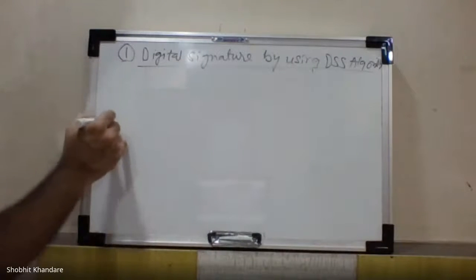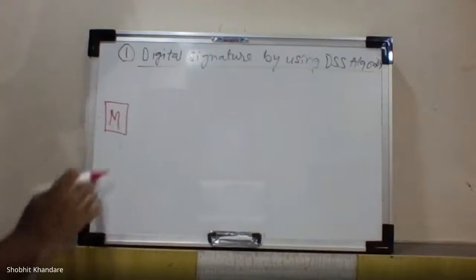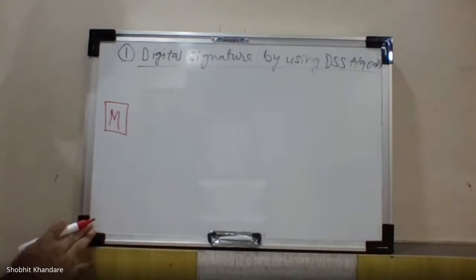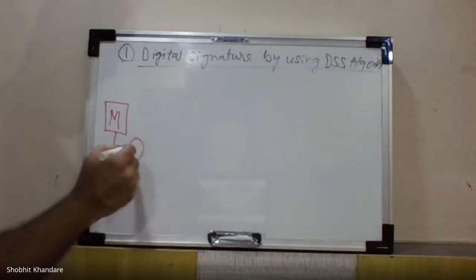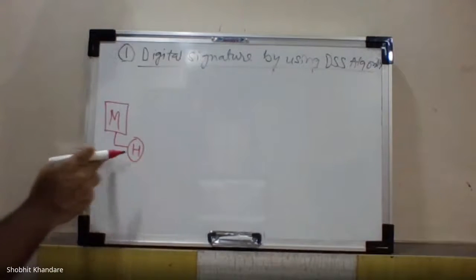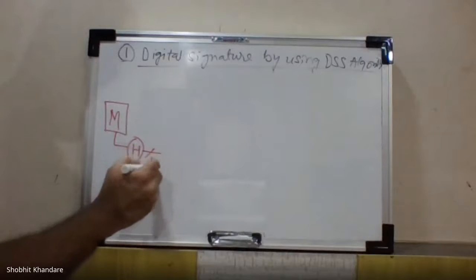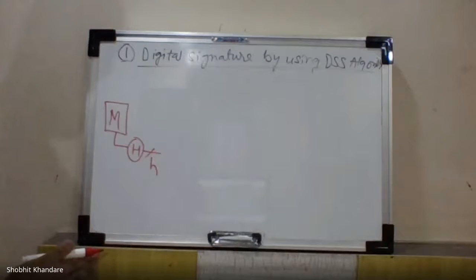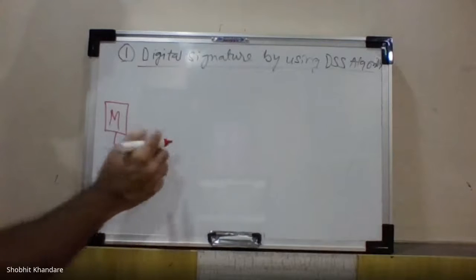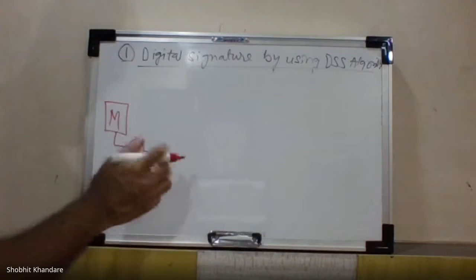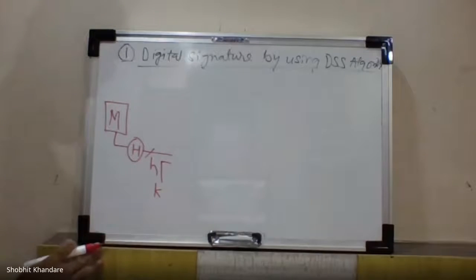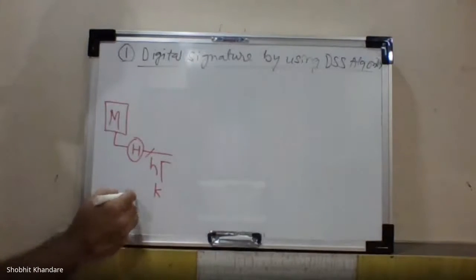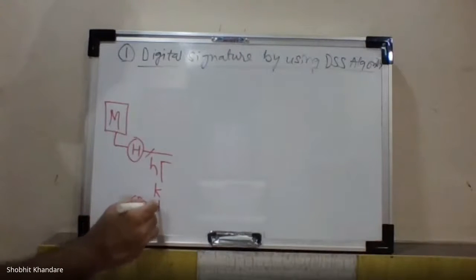Okay, so you have the message. This message, by using a hash function, we get the hash code. Along with the hash code there is one more, small k. This small k is nothing but a random number or integer.